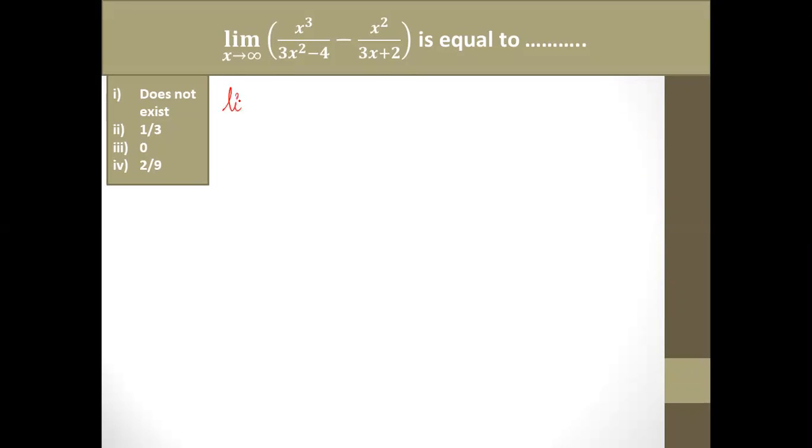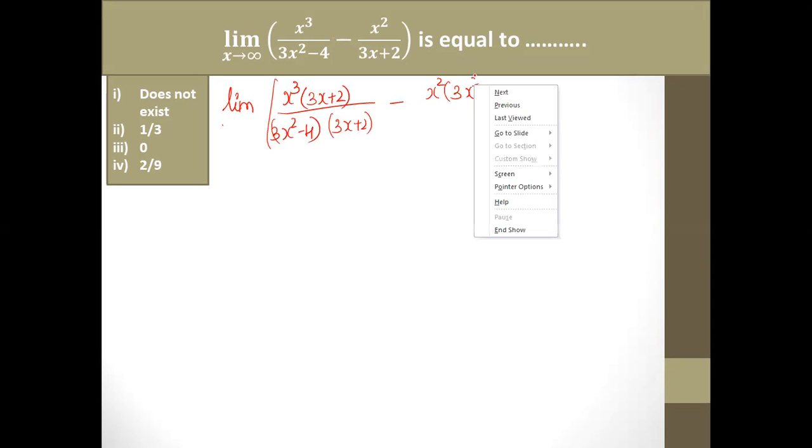So it is limit, x cube into, cross multiplying, 3x plus 2, divided by 3x square minus 4 into 3x plus 2. Here I am doing it in detail, but that is not needed. If you are getting the answer, it is fine. I am just doing it so that you don't have to panic about the things.